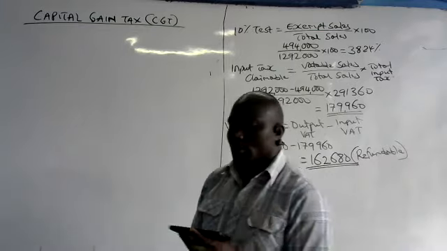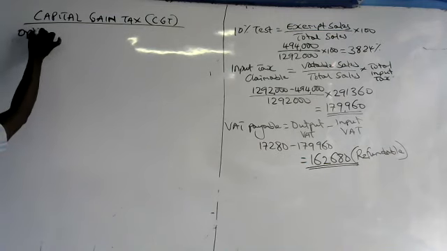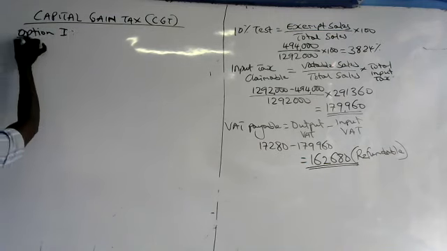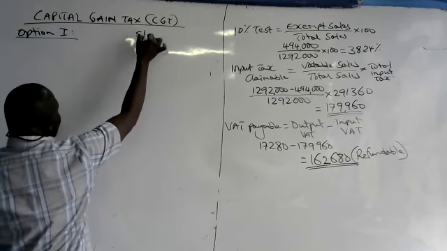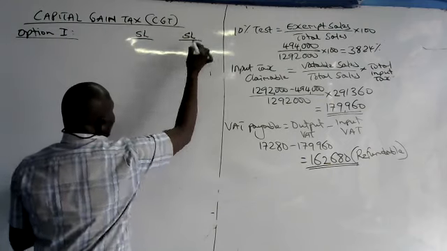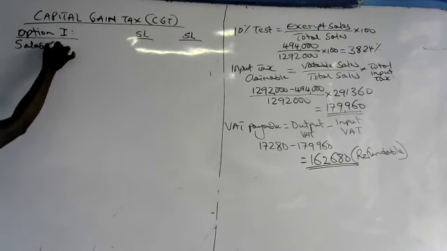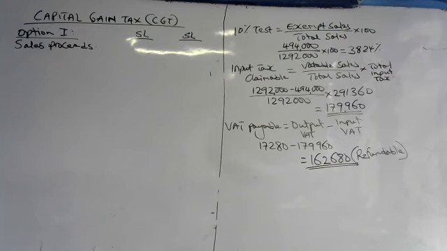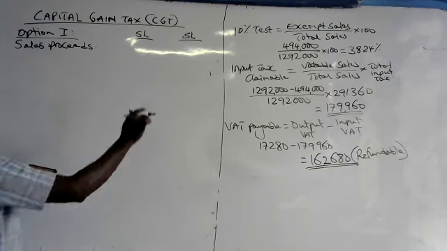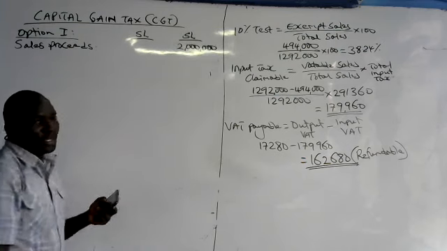So gain on disposal. That's option 1. We have some sales proceeds. We sold at how much? We sold at 2 million, right?